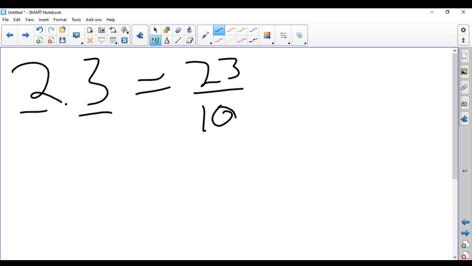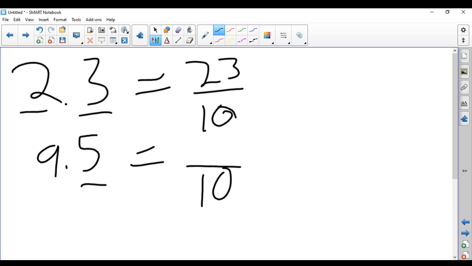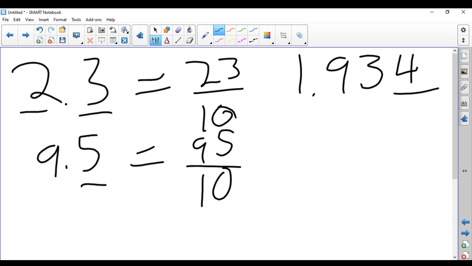All right, let's do B. B is 9 and 5/10. Well, same thing. My fraction is going to be a tenth because my smallest digit is a tenth. And I don't have 5 of them. I have 95 of them. Lastly, I'll do H. If you look at H, I've got 1 and 934 thousandths.